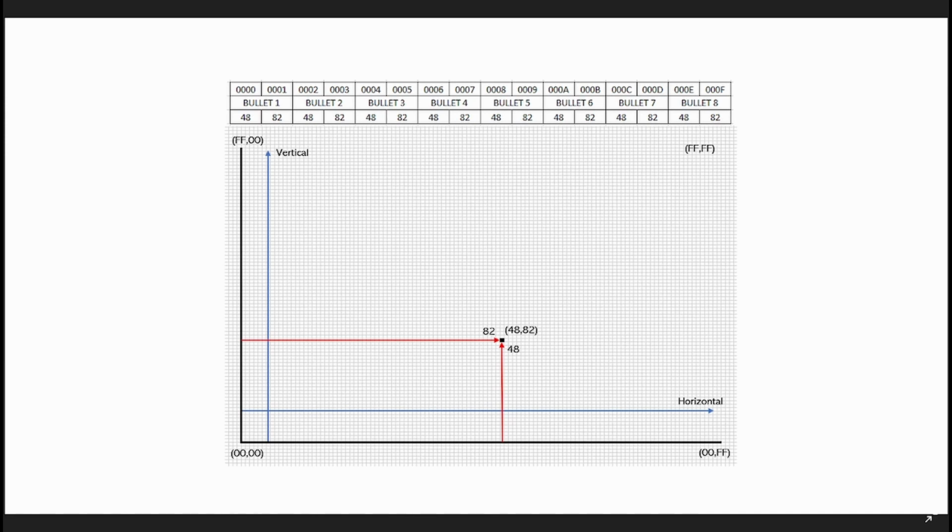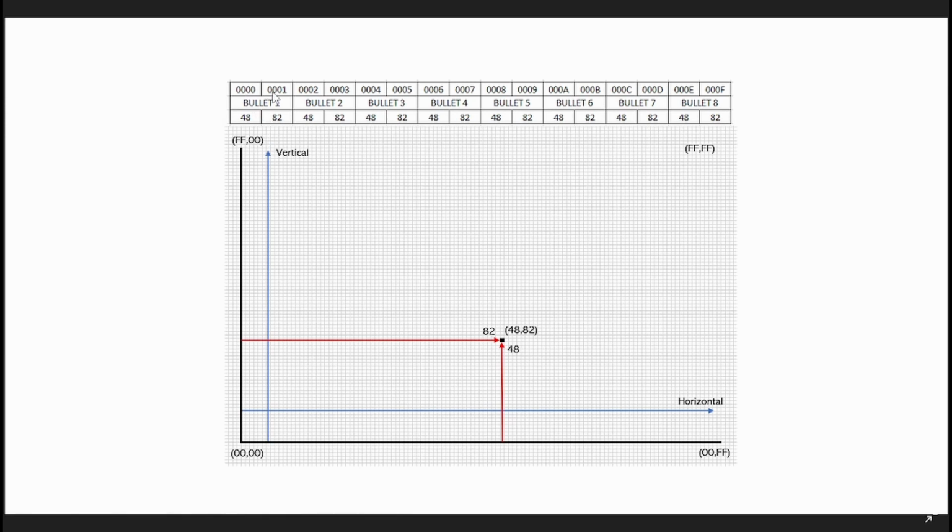So what happens is the memory up here is the 0 page memory. So our workram 0, if you remember from previous episodes, 0000 all the way up to F, is going to accept 2 entries for a bullet. So there are 8 bullets, and each entry would be 1 bullet, as you can see here.